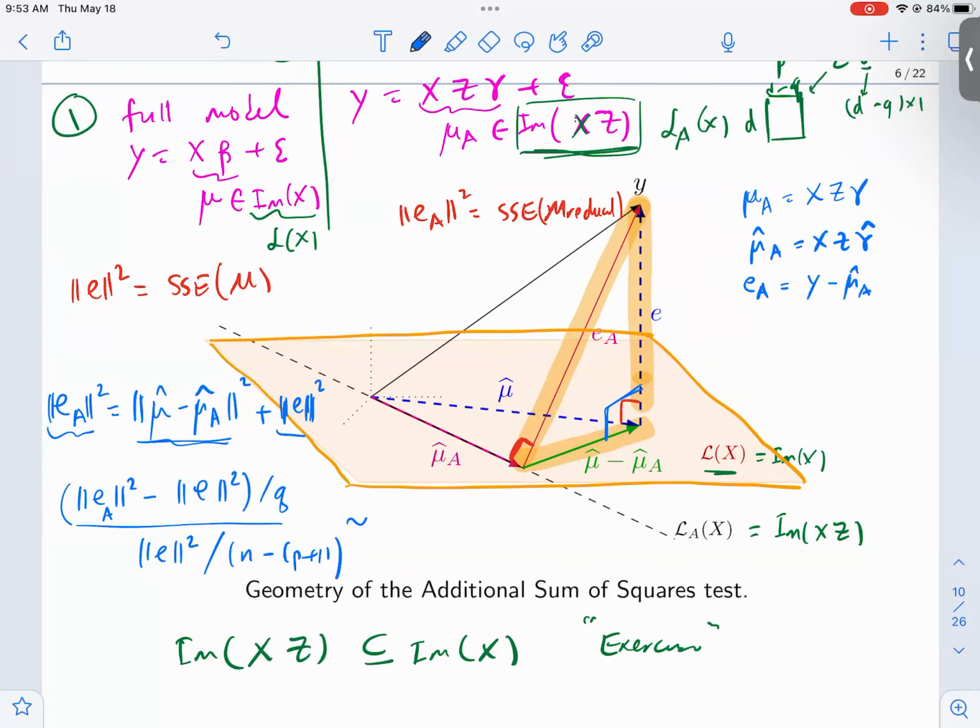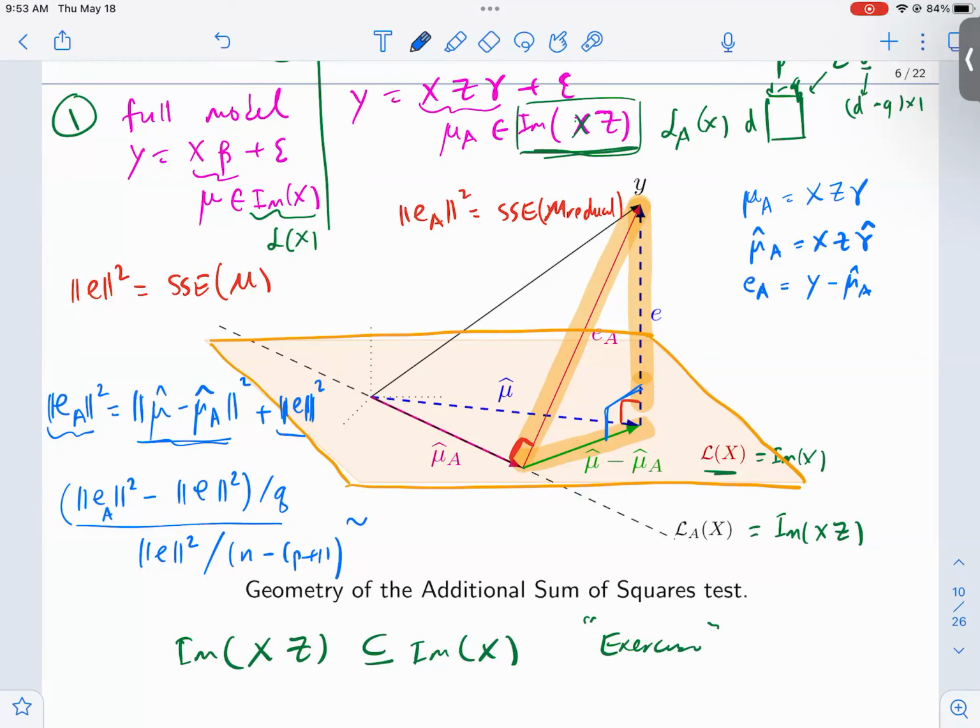And then E_A would be just Y minus mu hat A. You can see it from the plot: Y minus mu hat A is this guy, E of A. And you recognize there's a lot of orthogonality. E of A is orthogonal to mu hat A and to its entire image, because you're projecting onto that line.